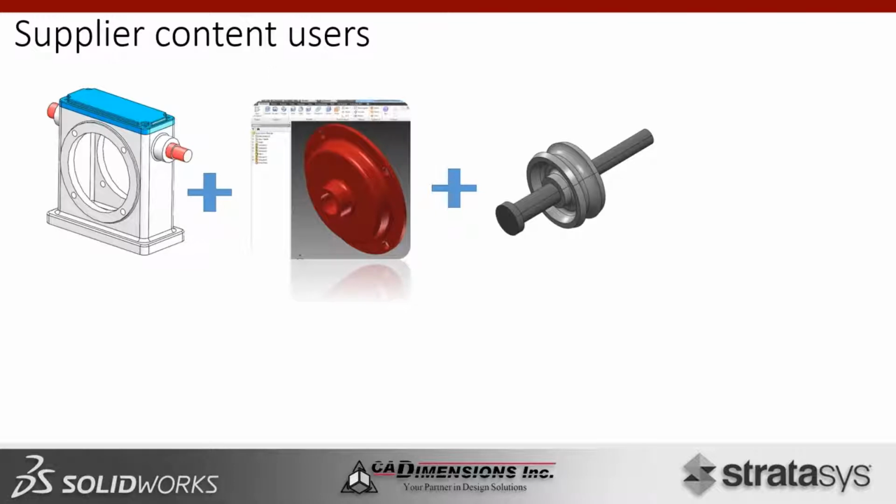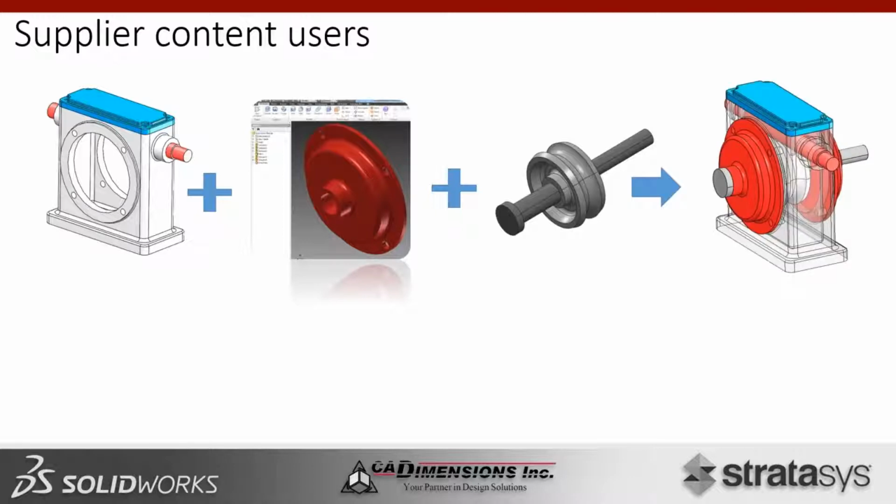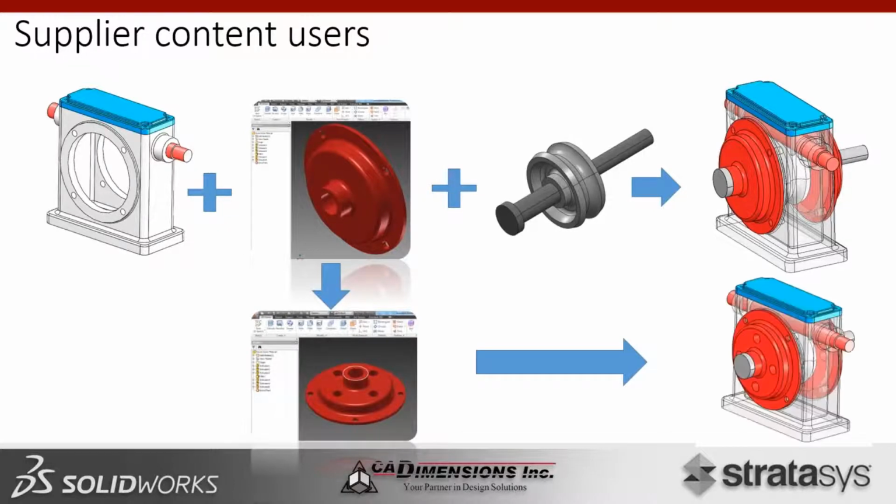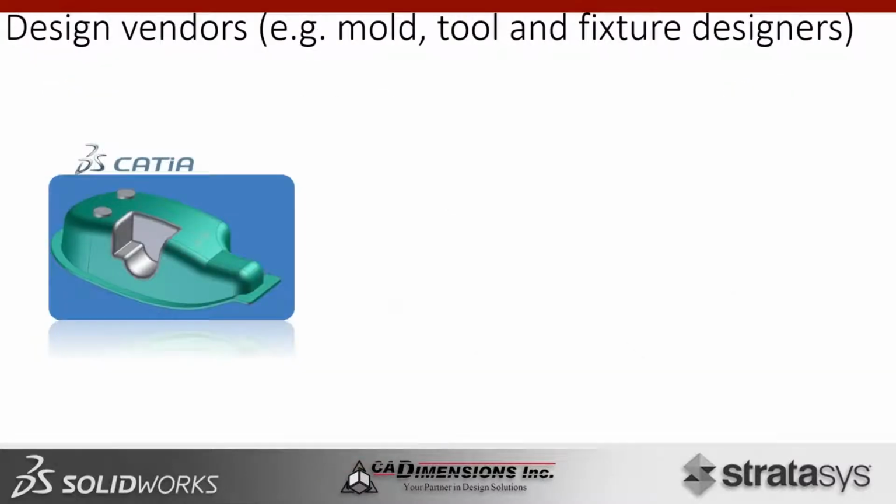You might create a SOLIDWORKS model, pull in a model from Inventor, put it all together and create a complete SOLIDWORKS model. The difference is we want to make sure that if that model gets changed in Inventor, we have an opportunity for it to update inside of SOLIDWORKS. Okay? So that's a supplier content user.